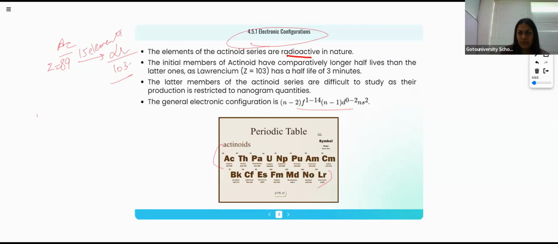The actinoids belong to the seventh period, and their electronic configuration is written as n minus 2 here.